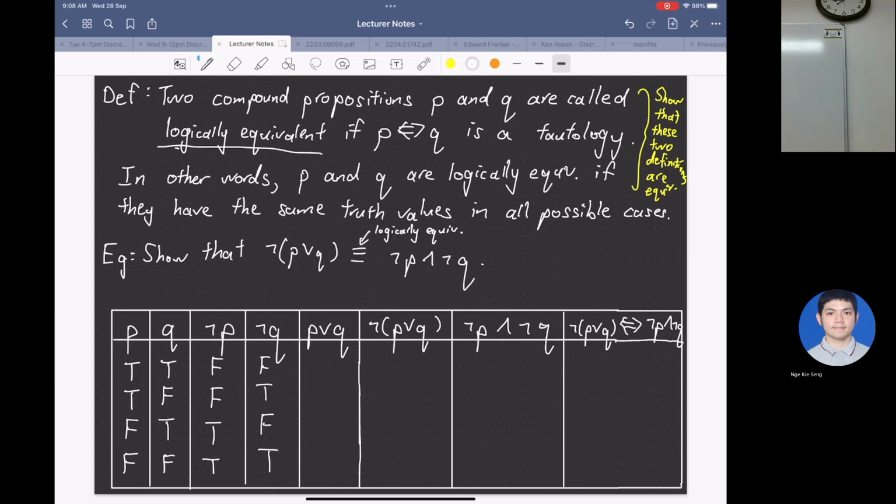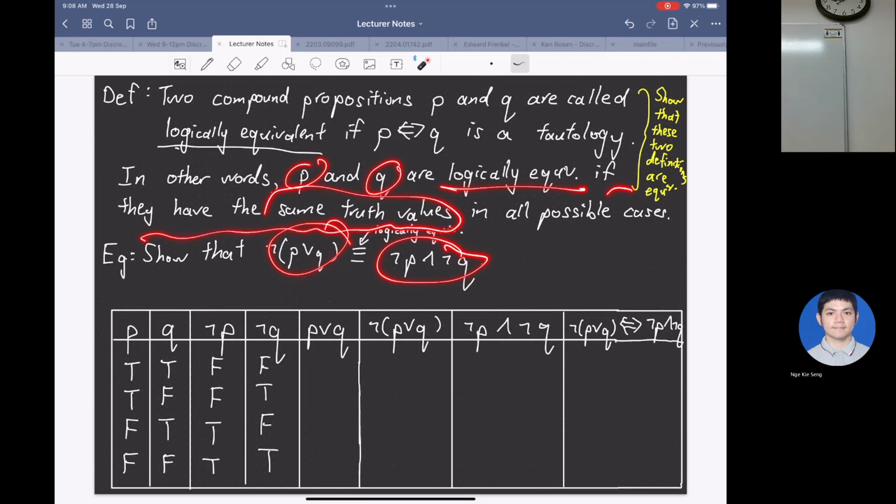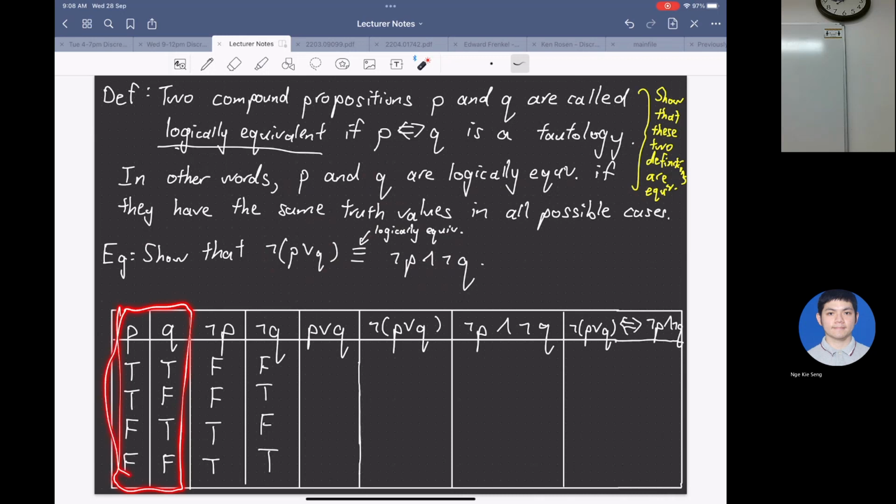Okay, so we want to show not (P or Q) is logically equivalent to not P and not Q. What I showed you in the definition is that two propositions are logically equivalent if they have the same truth values. Let's check whether they have the same truth values or not. I already listed out all the possibilities here.